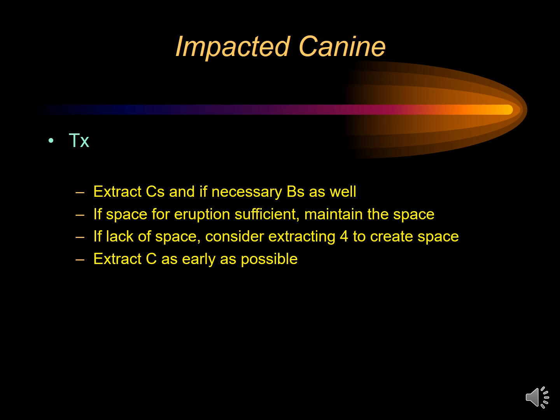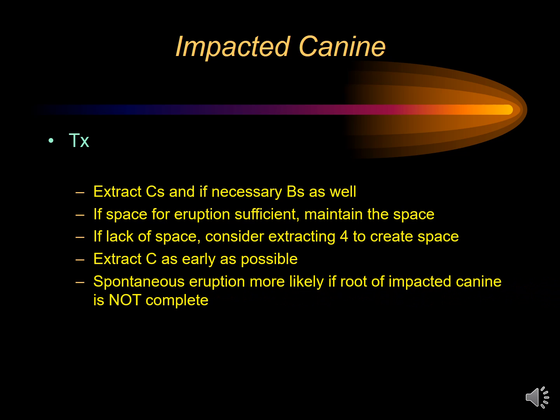And if we are extracting the C, the extraction should be done as early as possible. This is because the impacted canine is more likely to spontaneously erupt if its root development is not complete.